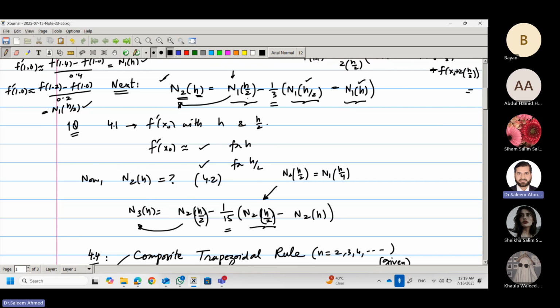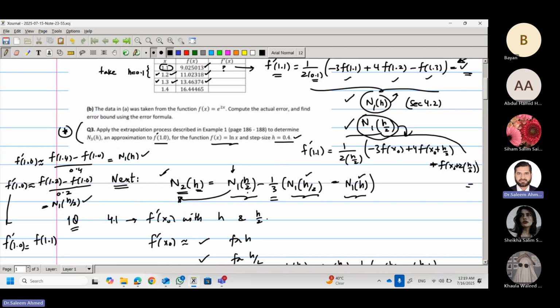When this was H, this became H by 2. If this is H by 2, this becomes H by 4. So for N1H by 4, I need this approximation again, f prime 1.0 with h by 4. Your h was 0.4, H by 2 becomes 0.2 and h by 4 will become 0.1, so that gives 1.1.